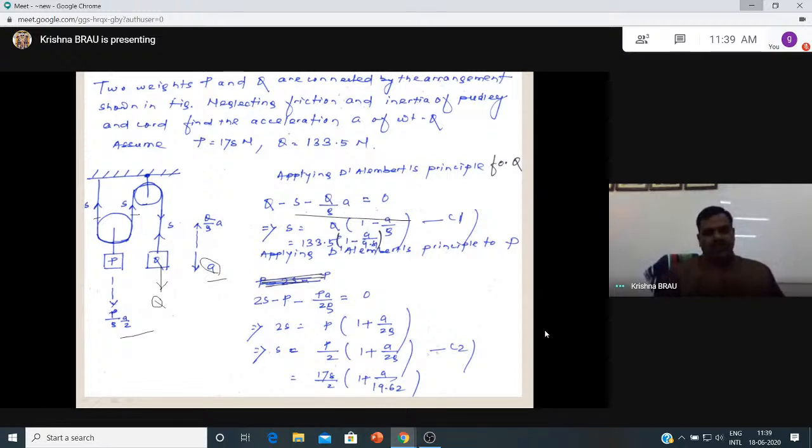Now, let us simplify this problem. You cut it here, free body diagram. This is the inertia force, P, and this is acting in the same direction, and 2S is in the opposite direction. If this is positive, this 2S is negative. 2S plus P minus P by g times a by 2.